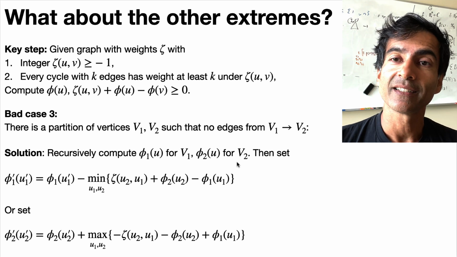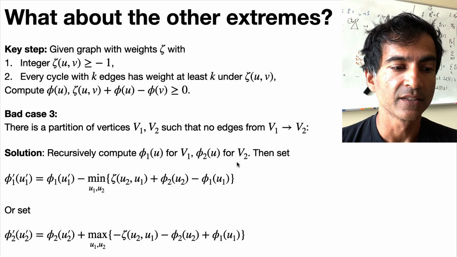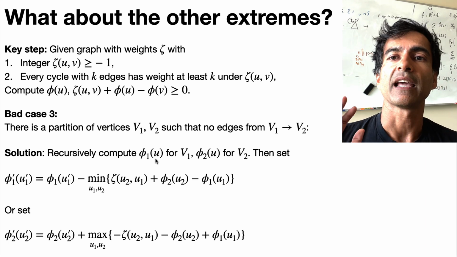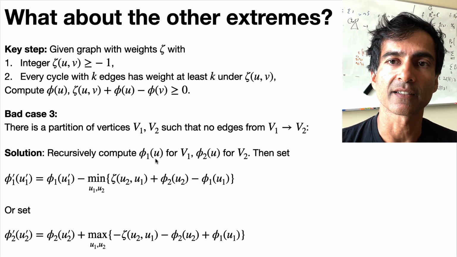And then you can combine those phi values to get a global phi, one that works for all of the edges in the graph. So phi1 works for the vertices in V1 and the edges contained there, and phi2 works for the vertices in V2 and the edges contained there.